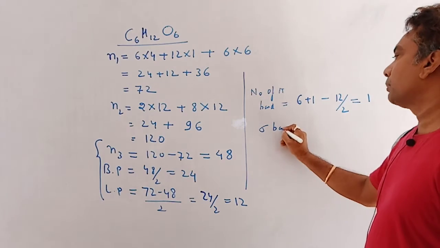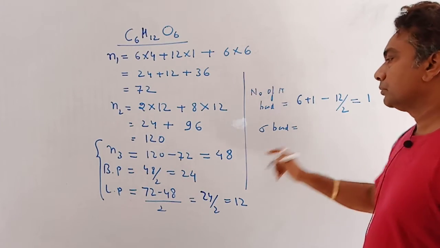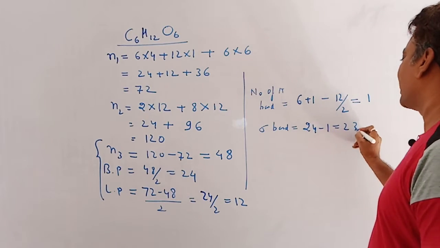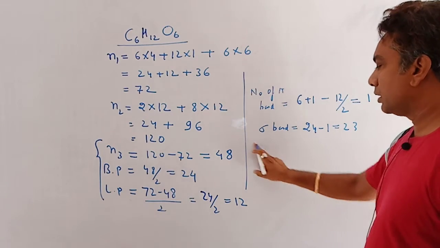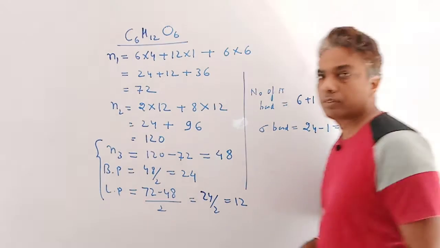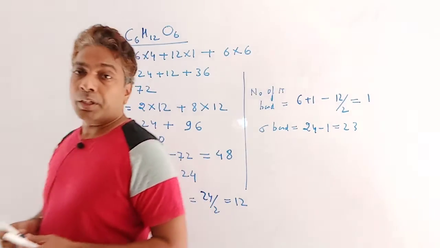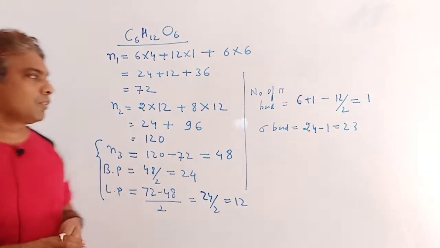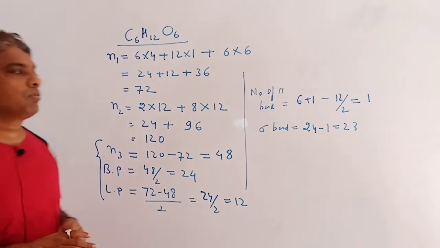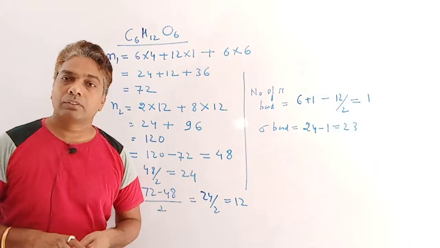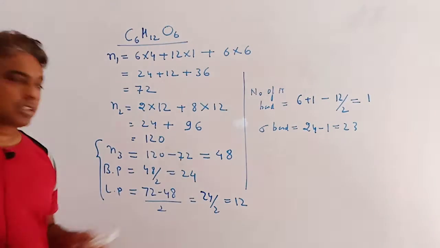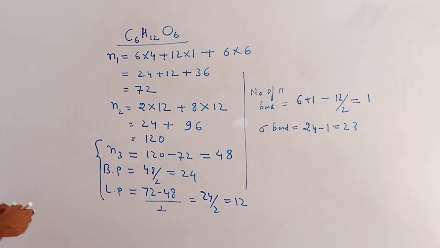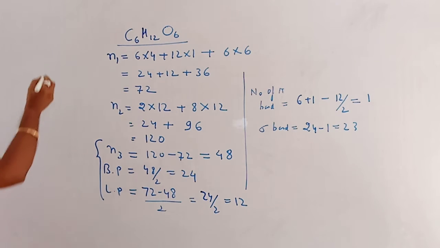So number of sigma bonds will be bond pair 24, so 24 minus 1, 23 sigma bonds, and lone pair which is 12. Clear? So in case of C6H12O6, number of sigma bonds is 23, number of pi bonds is 1, as well as number of lone pairs is 12. Clear? So how do we draw the structure?